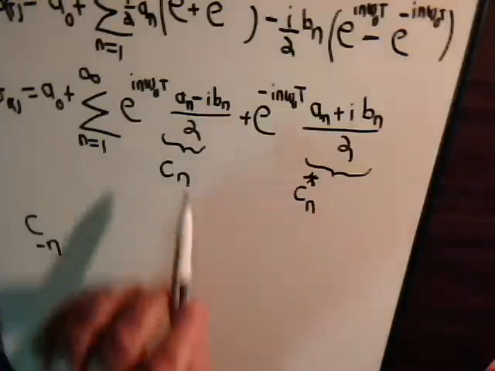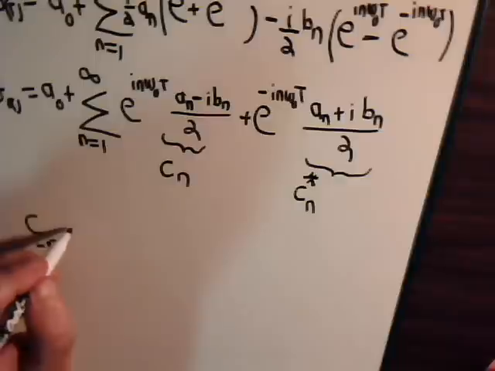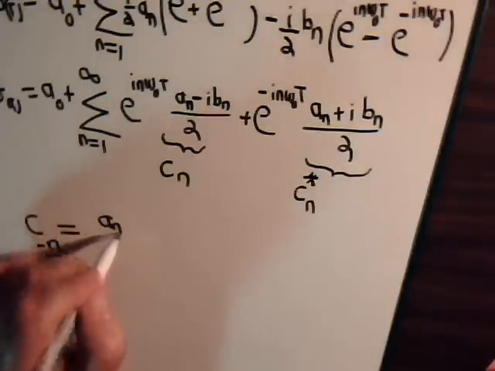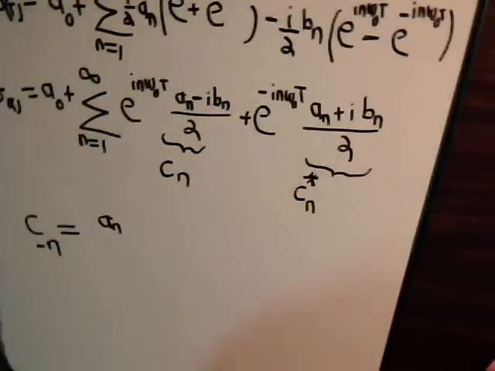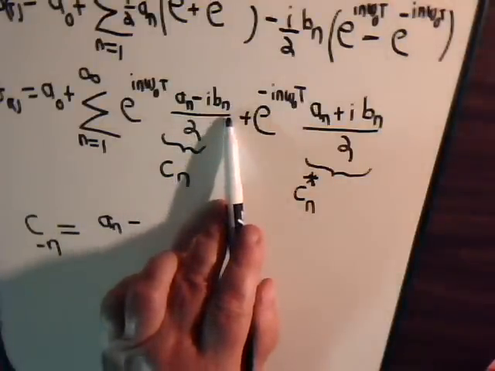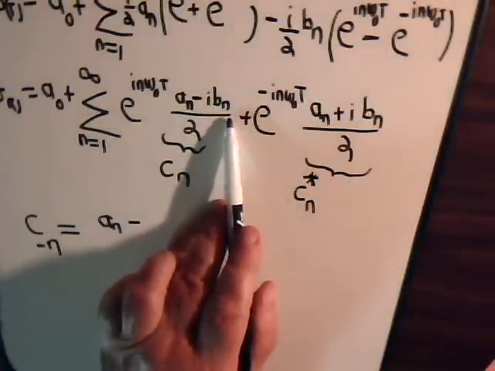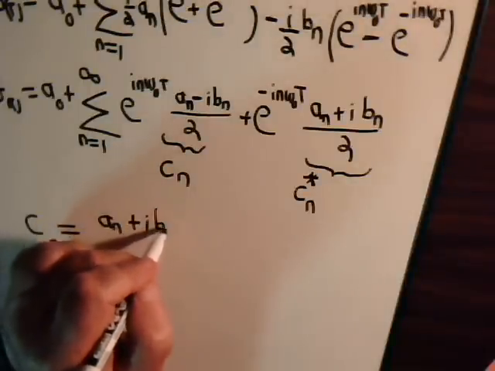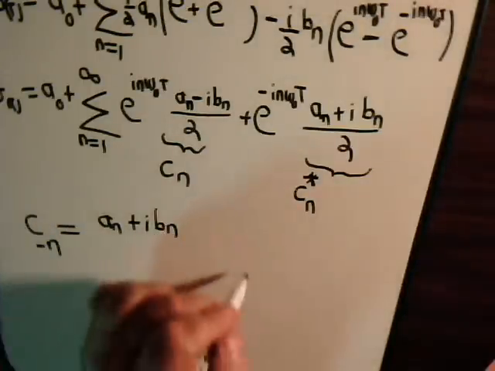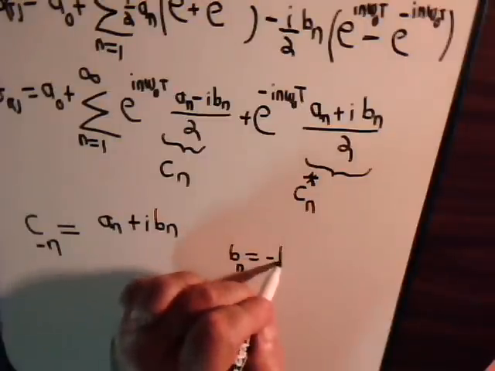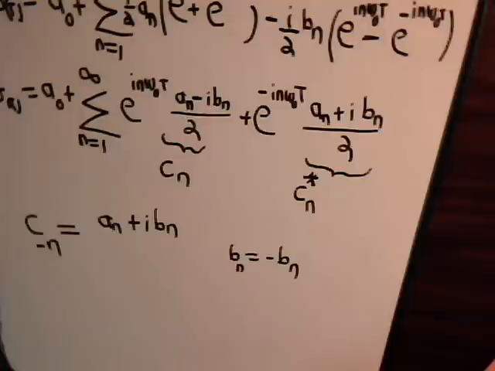Well, we said before that a of minus n is an. So this would be an. Then we have minus b of minus n, that's minus bn. So this is going to be plus i bn. Remember that b of n equals minus b of n.